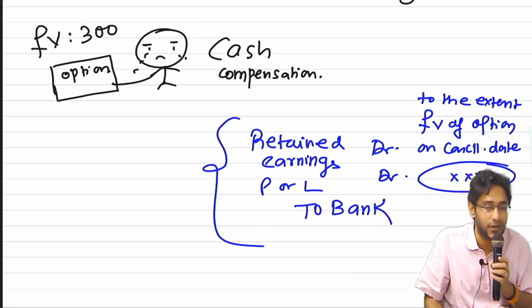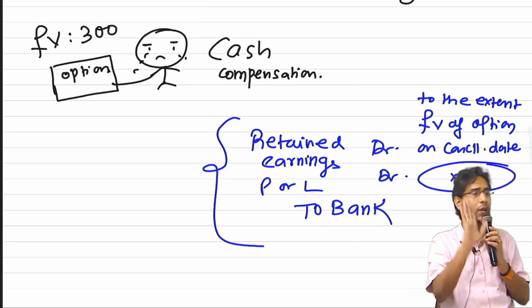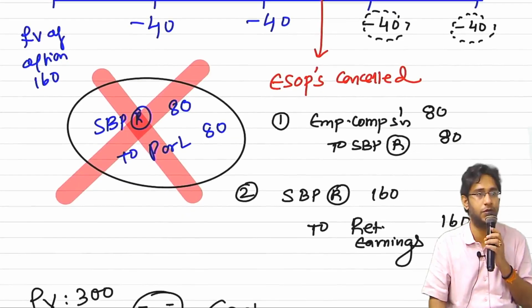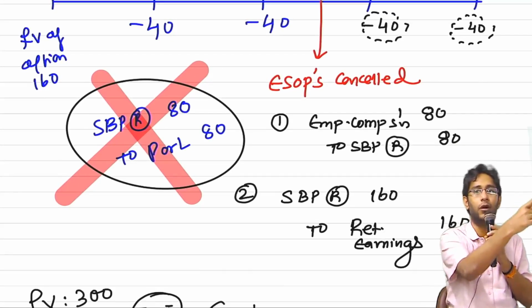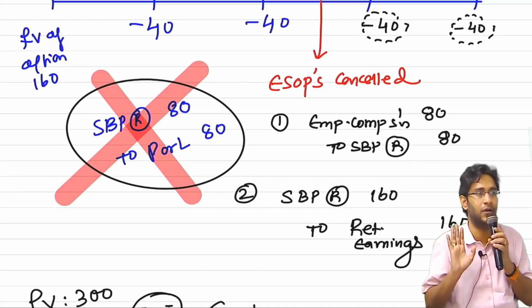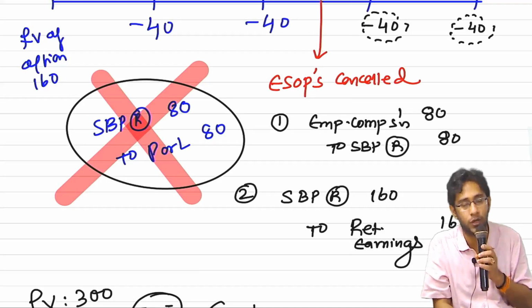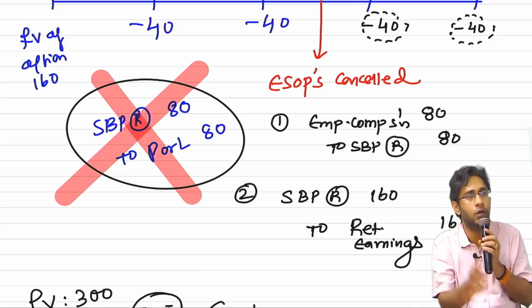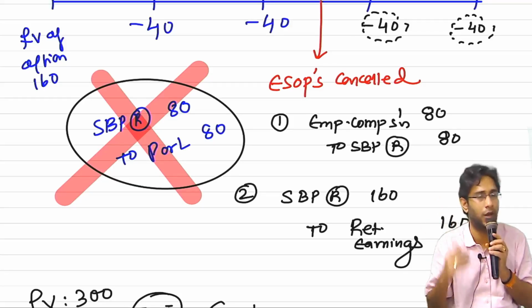So whenever options are cancelled, 3 points are written. Number 1, preponement of option. Remaining period, whatever expenditure is there, book it off right now. As good as options are vested immediately. At option expense, you account it. Next, since options are cancelled, SBP reserve, merge it off into retained earnings or general reserve, wherever you want, take it off.